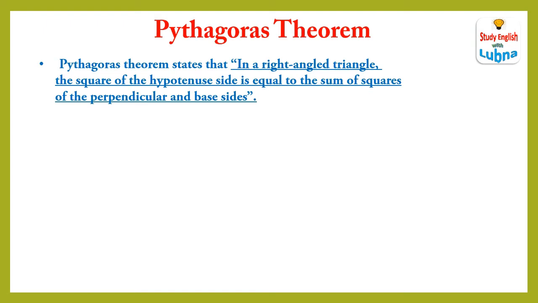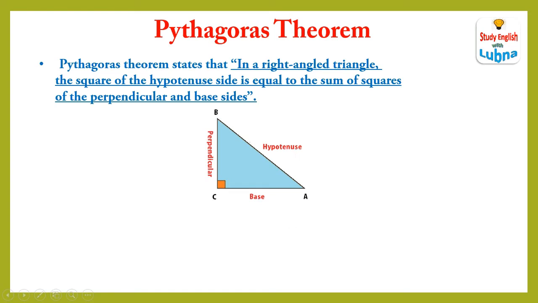Pythagoras theorem states that in a right angle triangle, the square of the hypotenuse side is equal to the sum of squares of the perpendicular and base sides. As we have already discussed, the sides are named as base, perpendicular and hypotenuse.